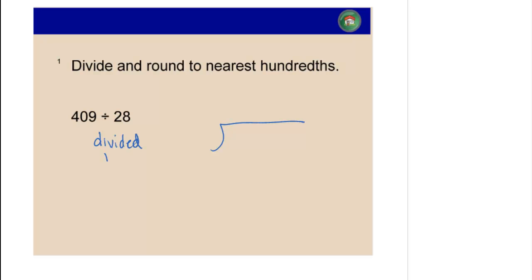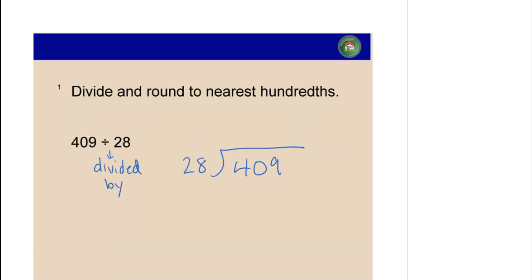That's how you read your division symbol. So I'm dividing by 28. Therefore 28 goes on the outside of my long division symbol, and it's the divisor, and 409 goes underneath it, so it's the dividend.